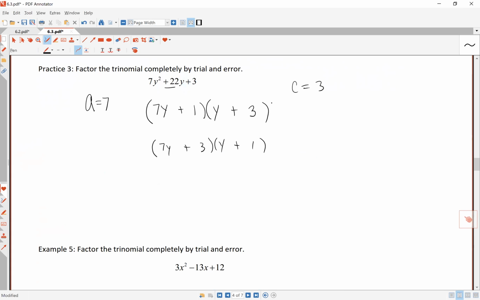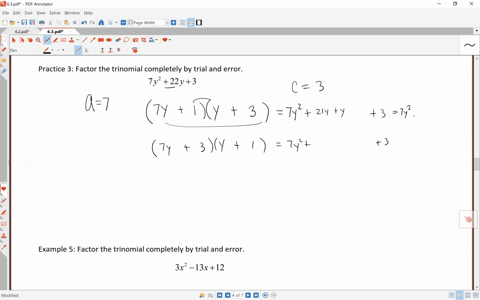Now we check which of these actually gives us 22y in the middle. Both of these were set up so that we would have 7y squared plus 3. But the middle term's now 21y plus y.